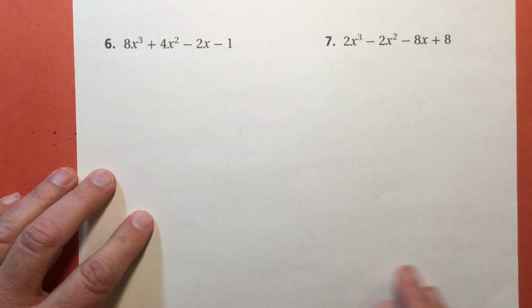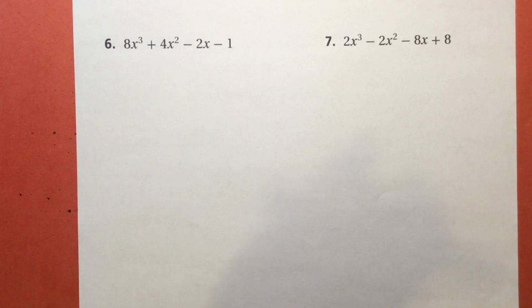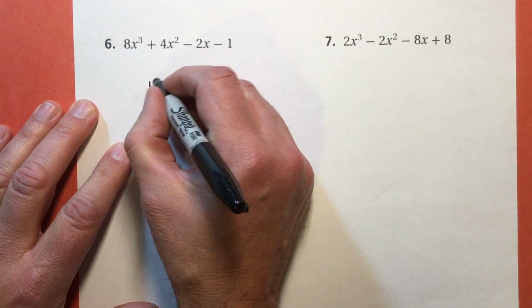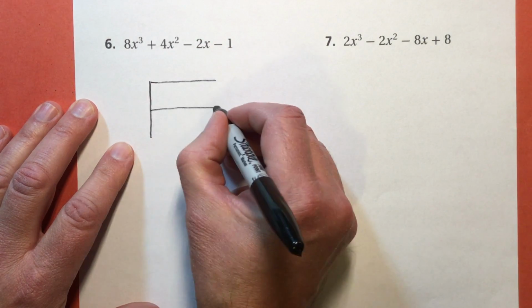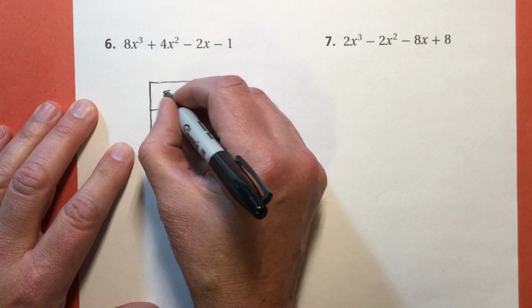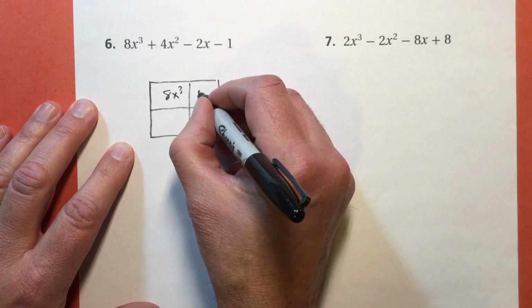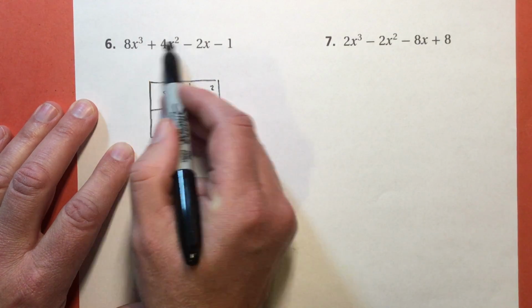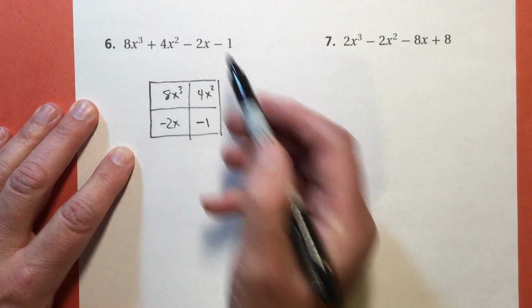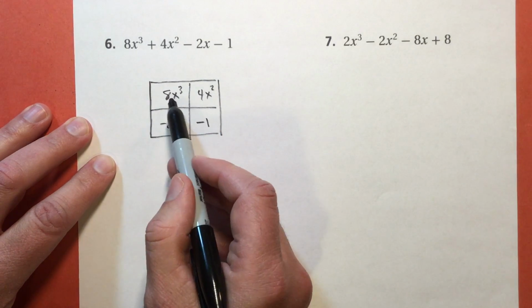I wasn't sure how much space I was going to need. That's why I made 3 sheets of paper for this one. All right. So I'll draw big because I got the room. 8x to the third power, 4x to the second power. That and that. Negative 2x, negative 1. That and that. Go across the top.